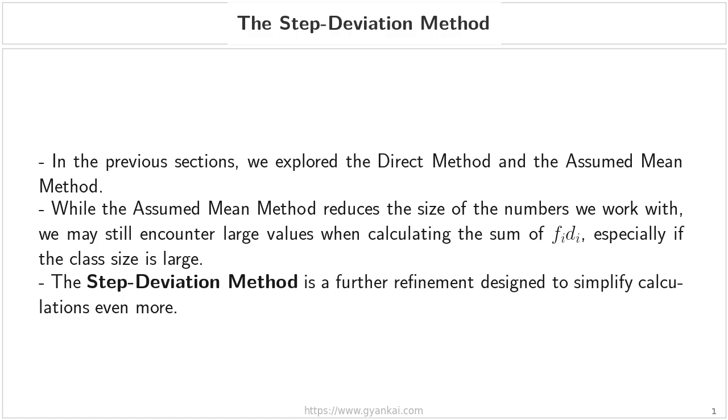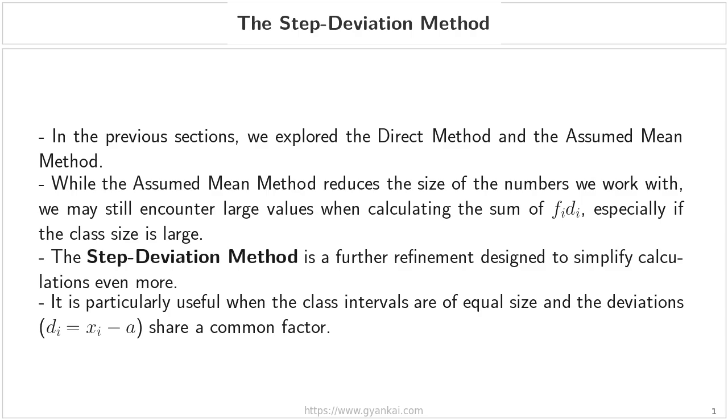Think of this as a further refinement of the methods you already know, specifically designed to simplify your calculations even more. This method is particularly powerful and useful when your class intervals are of equal size and when the deviations, which we define as d sub i equals x sub i minus a, share a common factor.